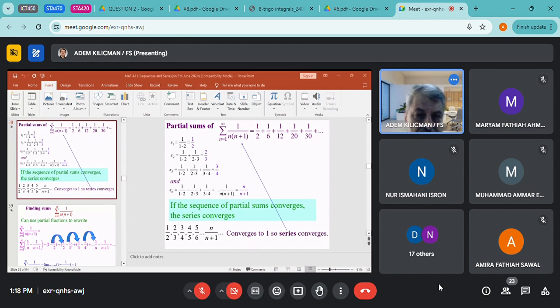What is left is basically the first one and the last one, which is 1 minus 1 over n plus 1. So when you take the limit as n goes to infinity, it is 1. So this summation is equal to 1 basically. This is the way of finding the limit of the series, or the summation of the series.